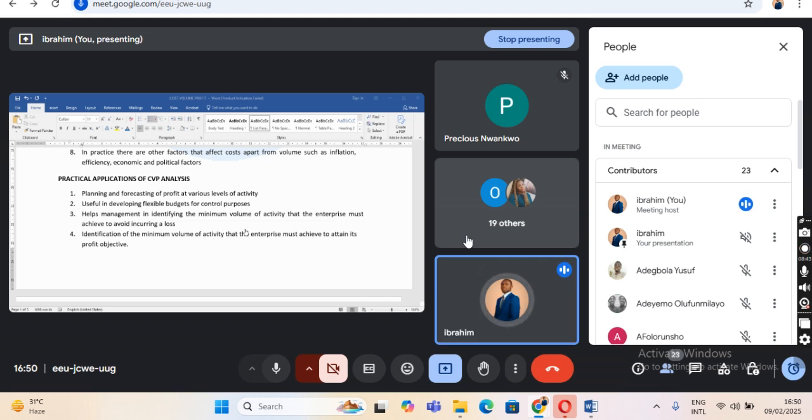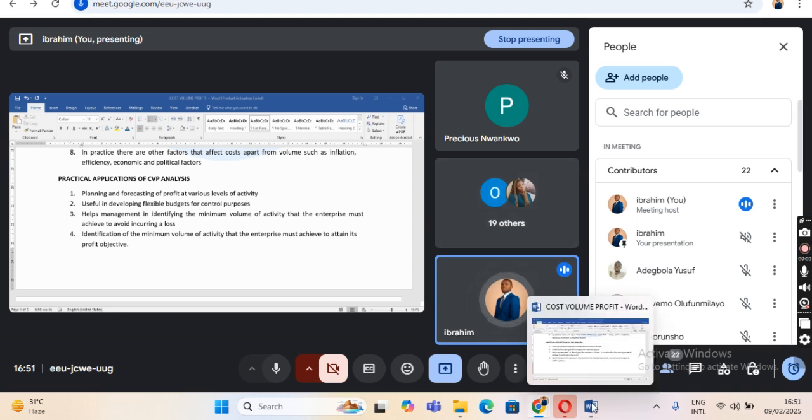Now, it is useful in developing flexible budgets for control purposes. Of course, CVP analysis is flexible, right? When we get to flexible budgets, you will know more about a flexible budget, right? And these are the practical applications of cost volume profit analysis.